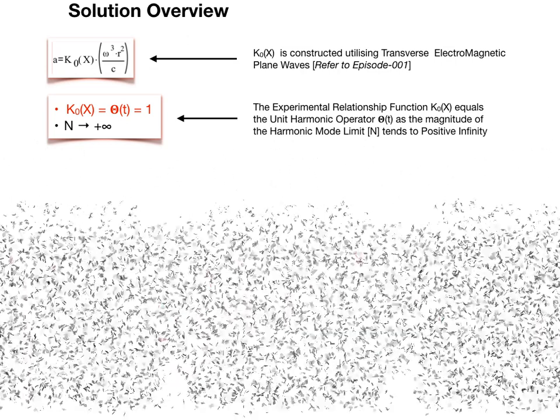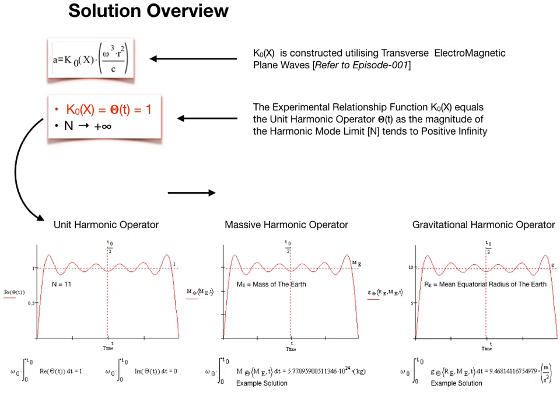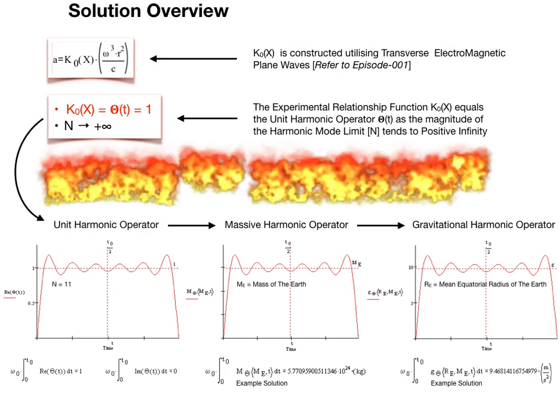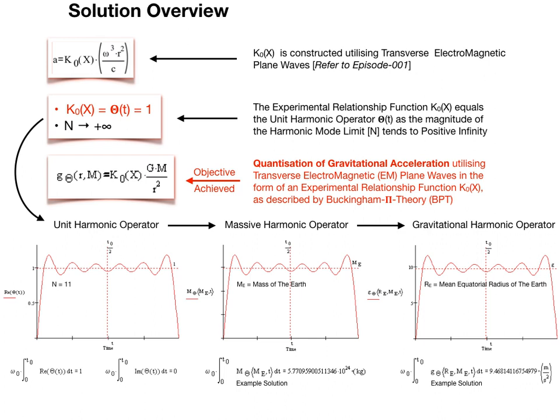Consequently, we established the concepts of massive and gravitational harmonic operators. This enabled us to quantize Newtonian gravity over the Fourier domain, utilizing the principle of superposition applied to transverse electromagnetic plane waves. So, what can we conclude from our analysis?